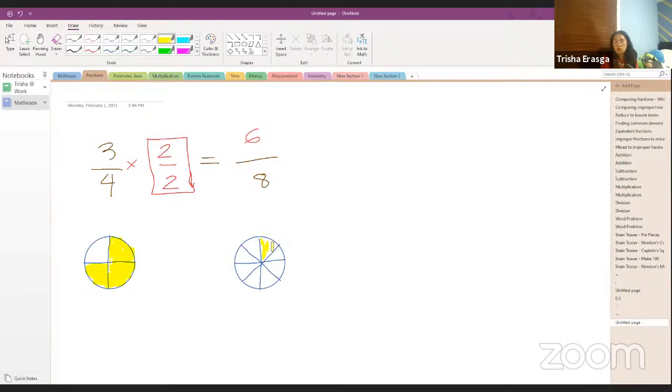This is 1, 2, 3, 4, 5, then this is 6, out of 1, 2, 3, 4, 5, 6, 7, 8 slices. And they look the same, right? You're shading the same portions. It's kind of shaped like this. Okay.